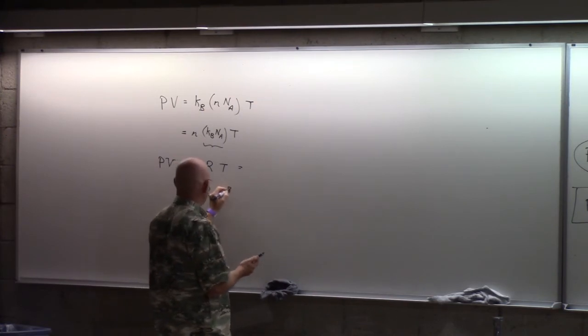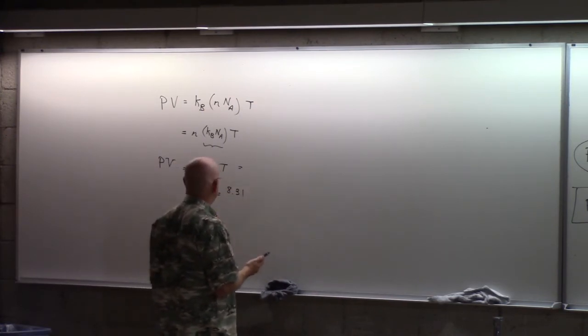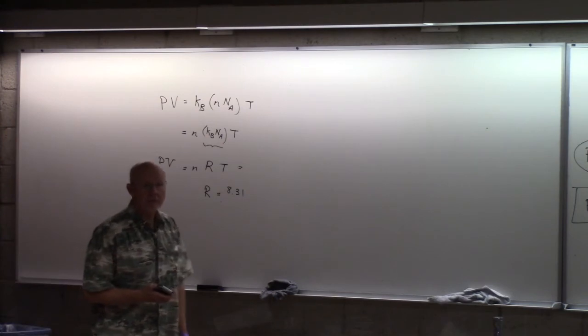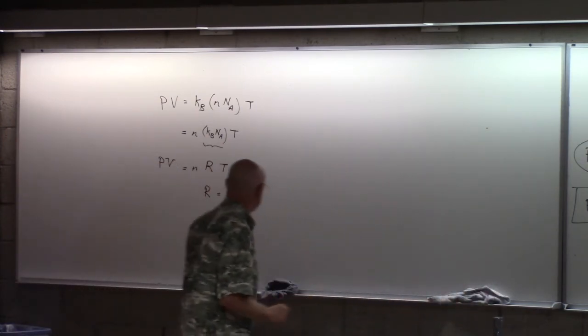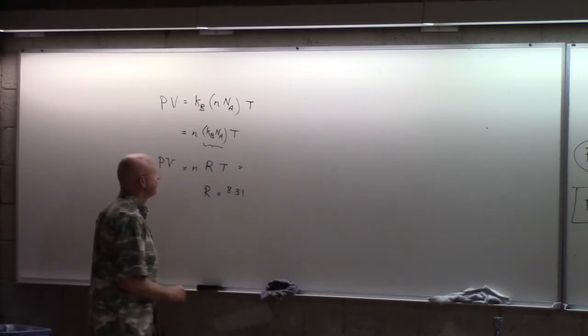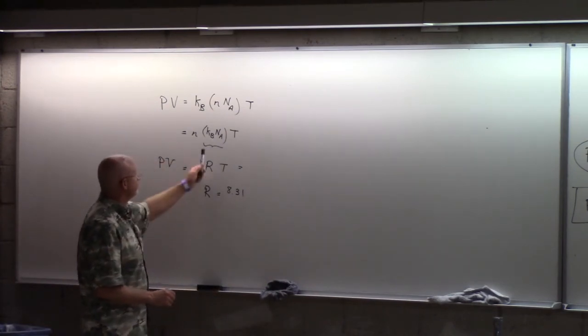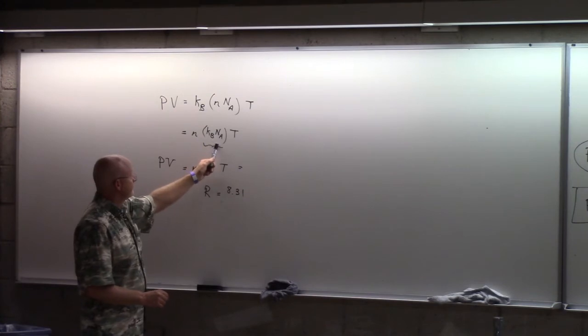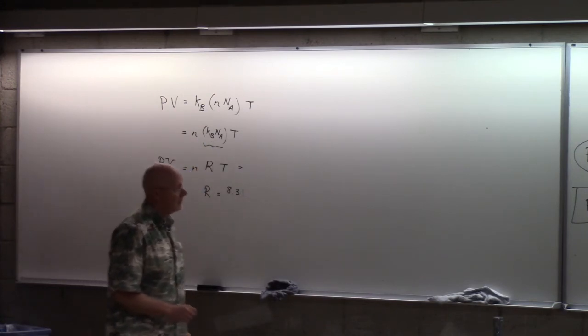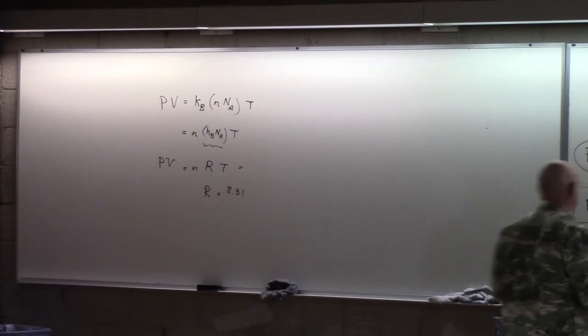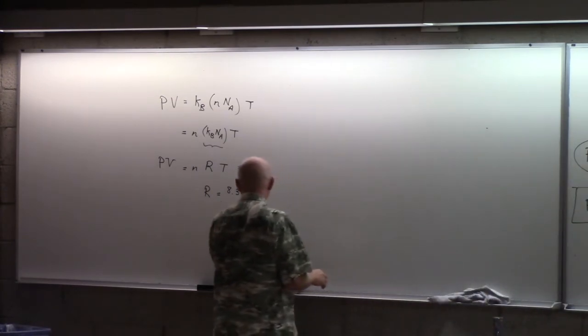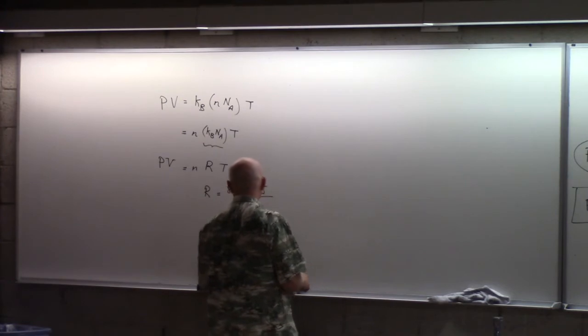That is 8.31, and what are my units? Well, I guess Boltzmann's constant was joule over Kelvin.